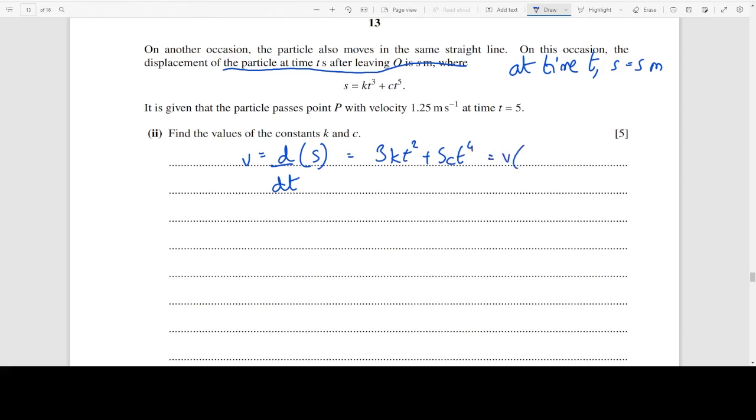This is v of t, which is velocity. And when time equals 5, the velocity is 1.25 meters per second.